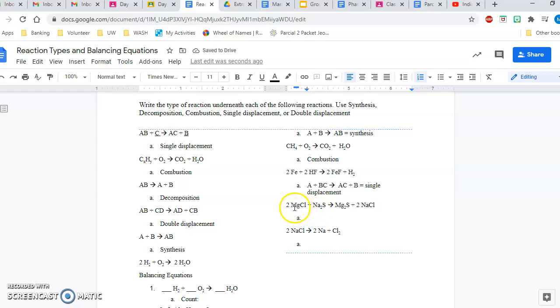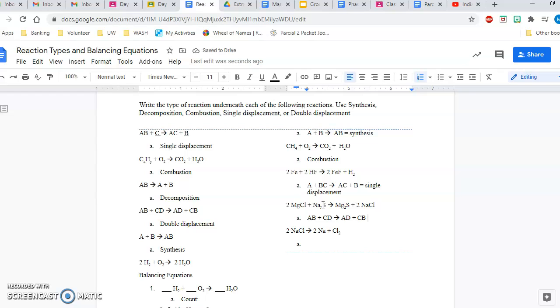This next one, every time we see a capital letter, we're going to put a new variable. So we see Mg is going to be A, Cl is B, plus Na is going to be C, S is going to be D, going to AD plus BC. So, CB.